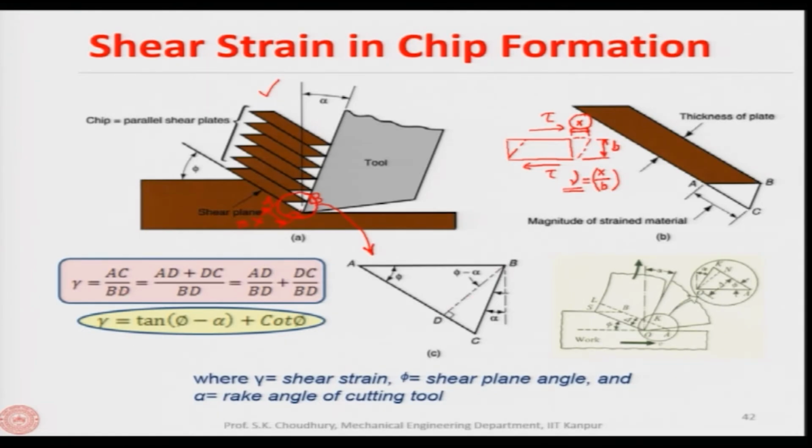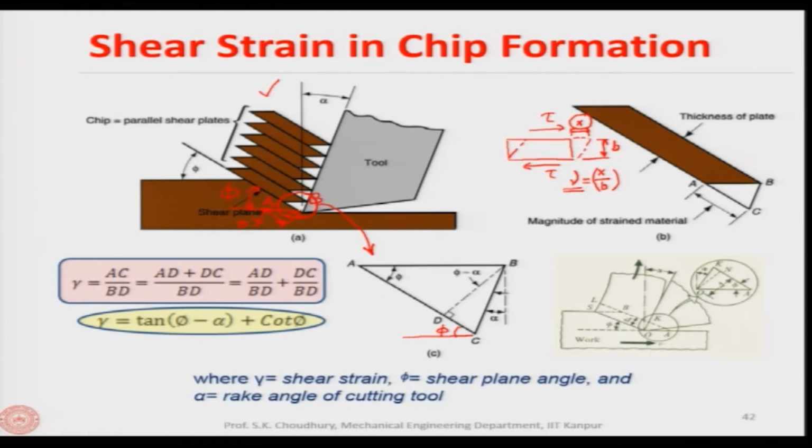So, AC by BD is the strain, and AC is equal to AD plus DC, divided by BD. This can be written as AD by BD plus DC by BD. From here you can see that this is the rake angle, and this is the angle between AC and AB. This angle is phi, the shear plane angle.